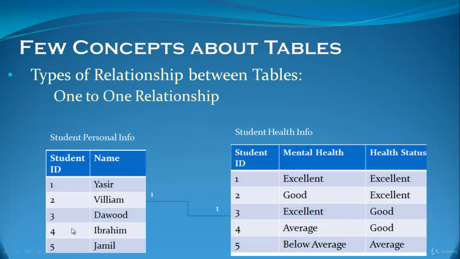The first type of relationship that we have learned was the one-to-one relationship, where one value of a table has a referential value in another table.